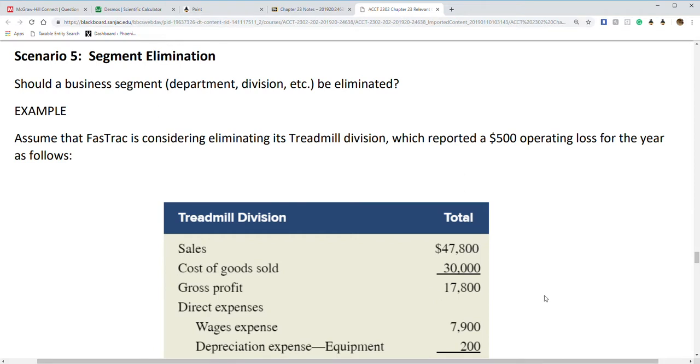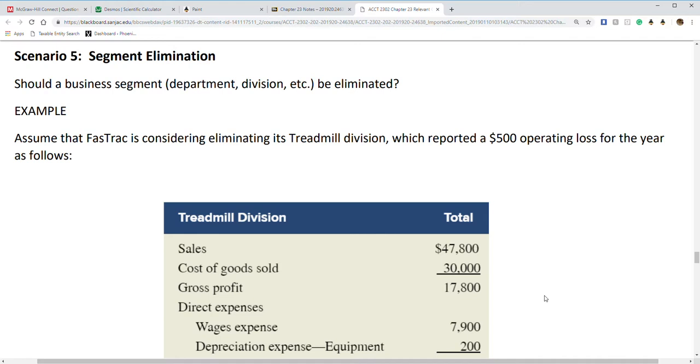And we go to scenario number 5. Scenario number 5 is usually the toughest of them all. It has a little bit more. And this is where we get all Thanos on our company and decide if we should eliminate something.